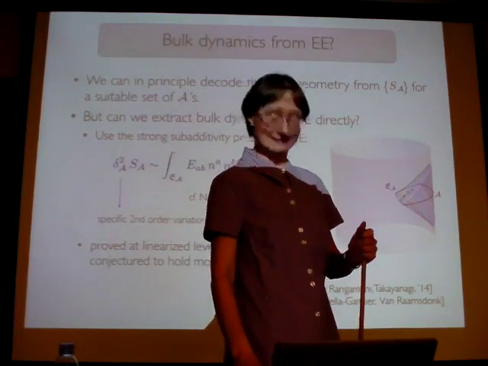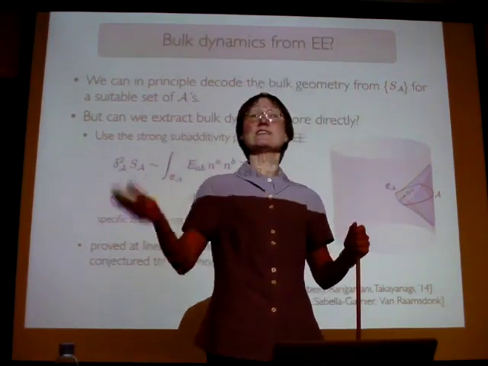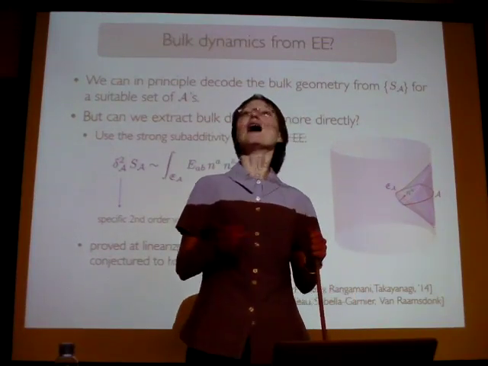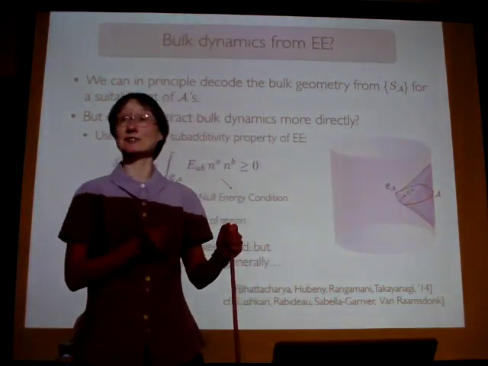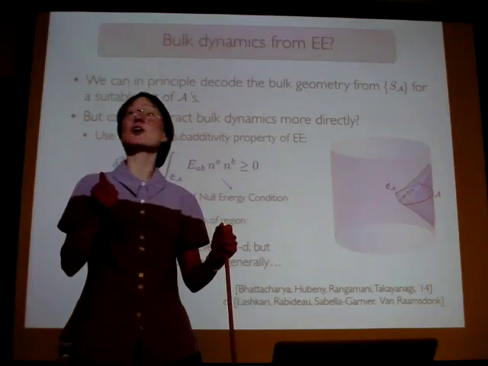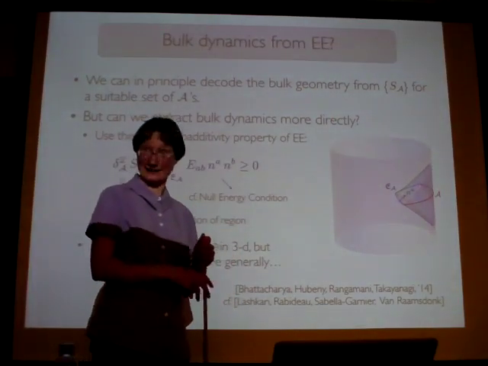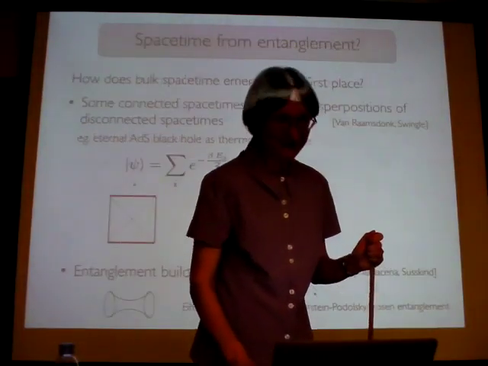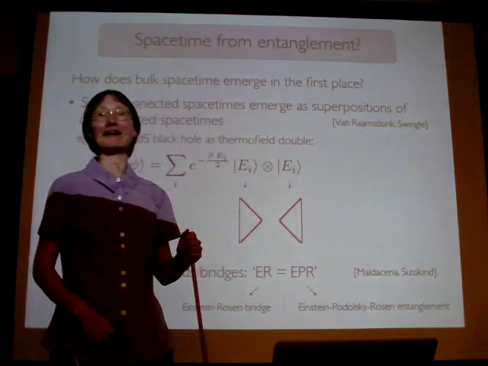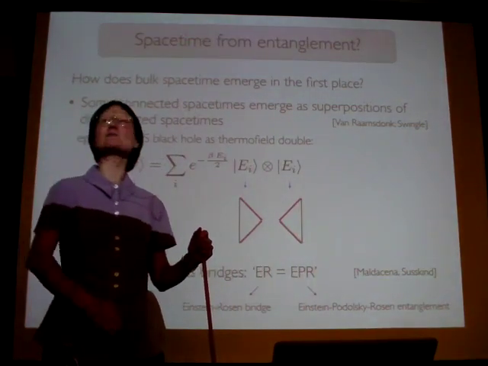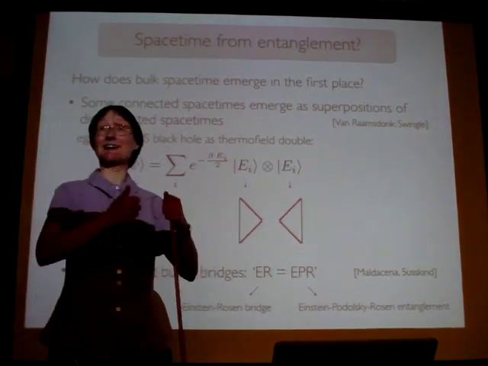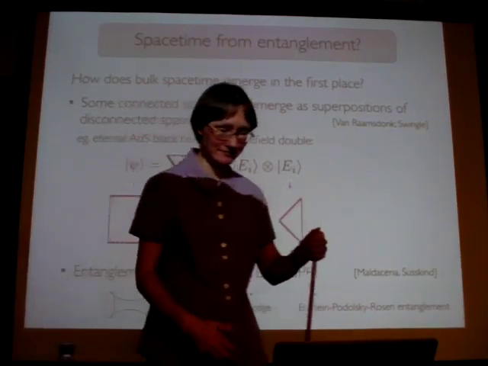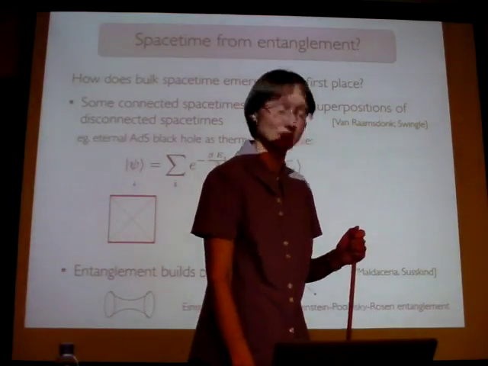And there have been more recent developments in using the entanglement entropy to try to understand how the bulk dynamics, Einstein's equations, actually emerge from properties of the entanglement entropy. And in fact, even more radical conjectures say that entanglement is the underlying object that creates space-time, that space-time actually emerges from this.